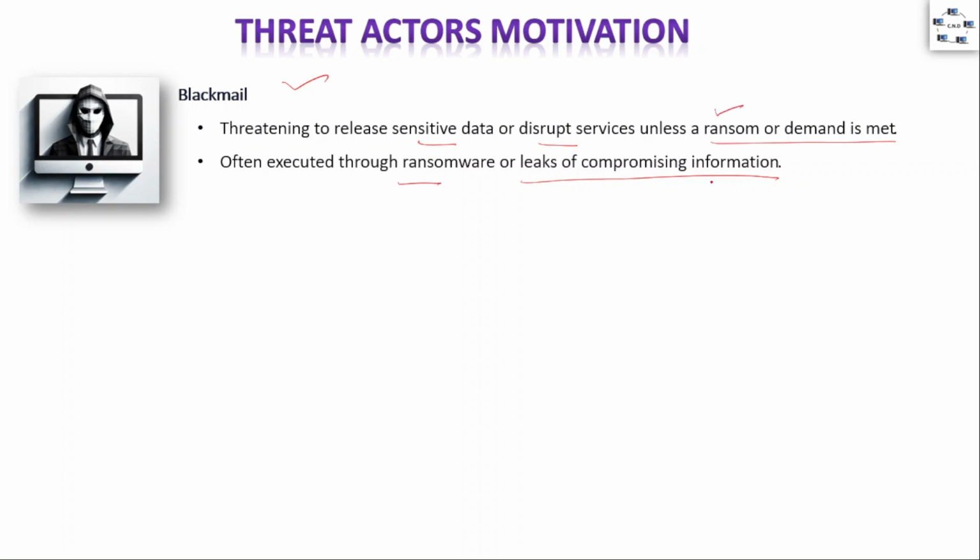And with leaks of compromising information, let's suppose some criminal gets hold of intimate pictures or other private information of an individual, they then blackmail and threaten them with releasing the data and demand ransom or other things. They may have other demands.